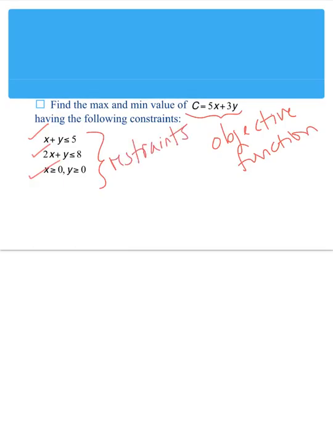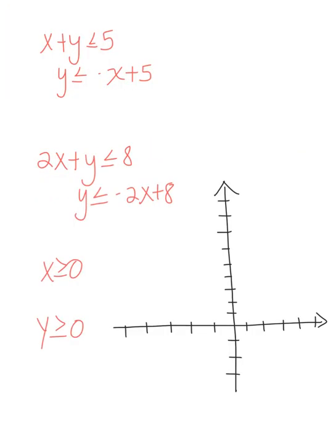So what we're going to do is we're going to go ahead and graph the restraints. So you can see that I've taken those 4 restraints from the previous slide, and for the ones that needed to be solved for y, I've gone ahead and done that. So I'm going to graph y is less than or equal to negative x plus 5.